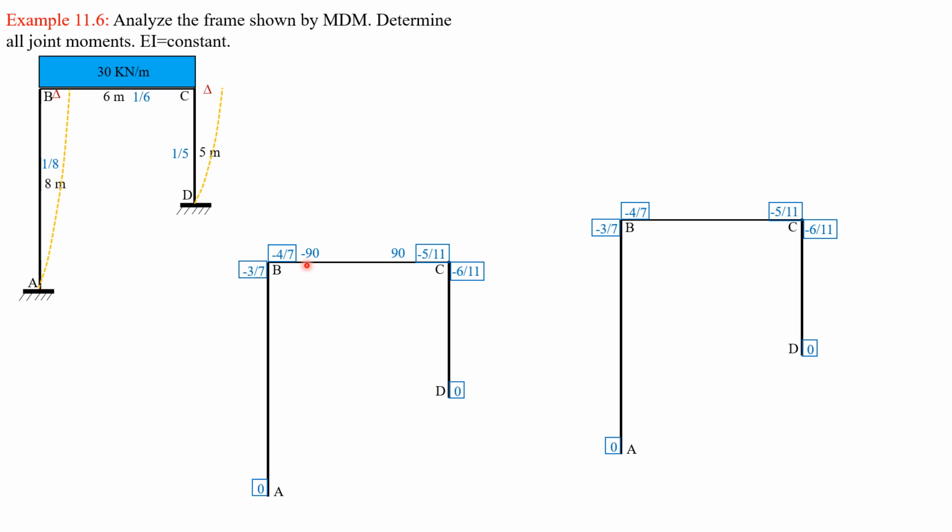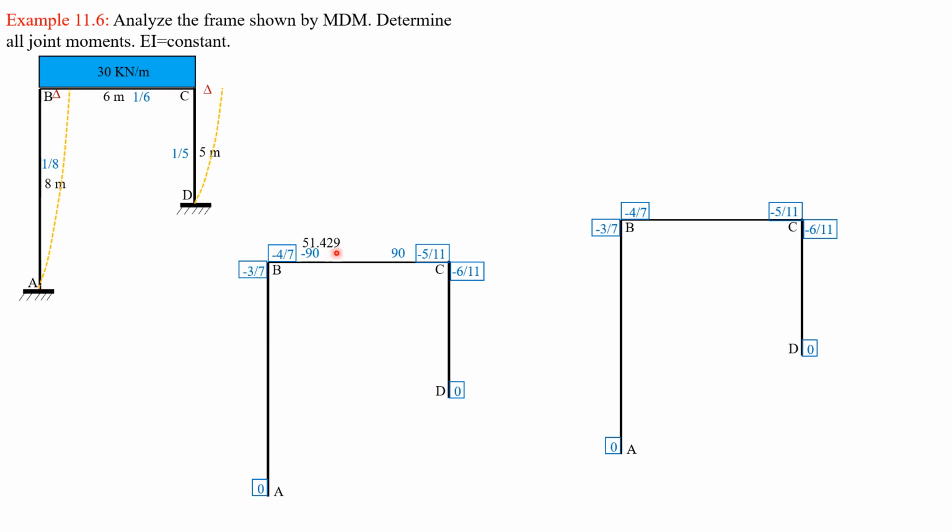So we begin distributing this unbalanced moment of negative 90 at this joint. This is the first phase of the solution. Later on, we'll have to distribute the side sway moments. Then the moment at each joint would be the moment at first phase plus the moment in the second phase, times a certain ratio, and that ratio is solved by statics later.